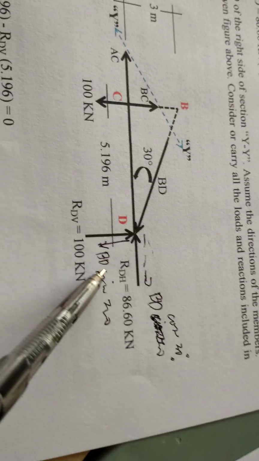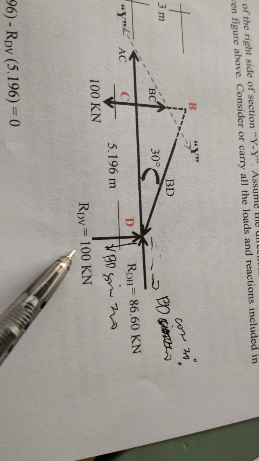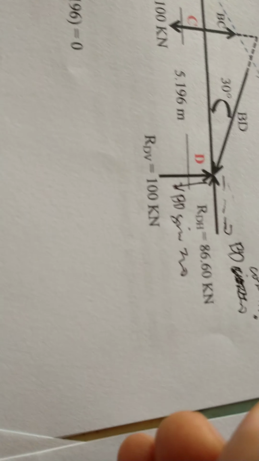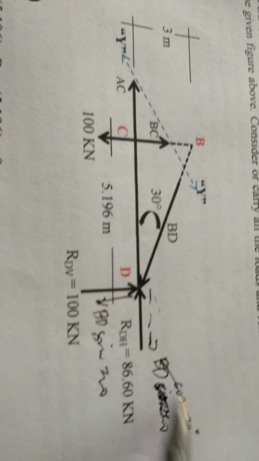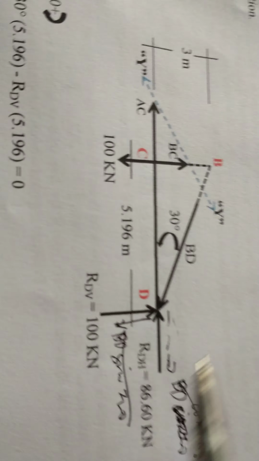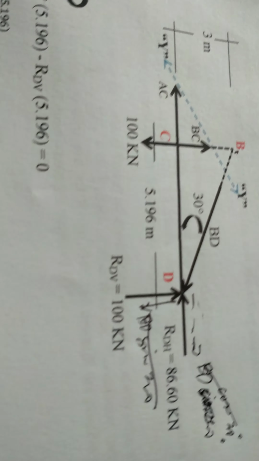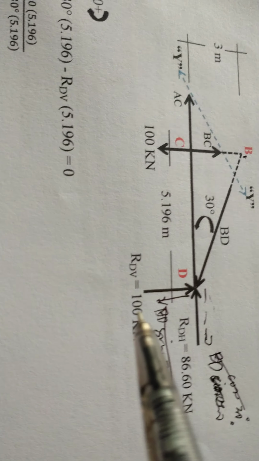Sorry, we have RDH and RDV. In computing for AC, these are already eliminated, because this is where we take moments.